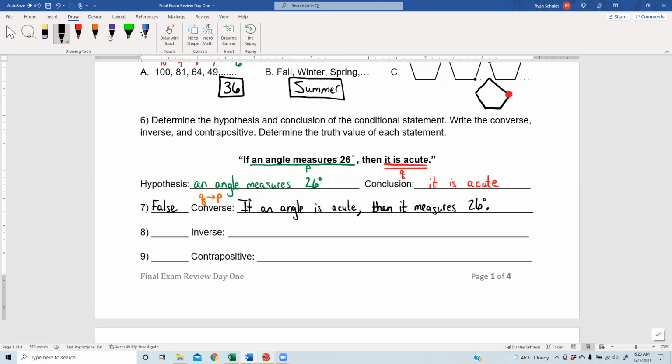For the inverse, your inverse is if not P, then not Q. So we negate the hypothesis: if an angle does not measure 26 degrees.